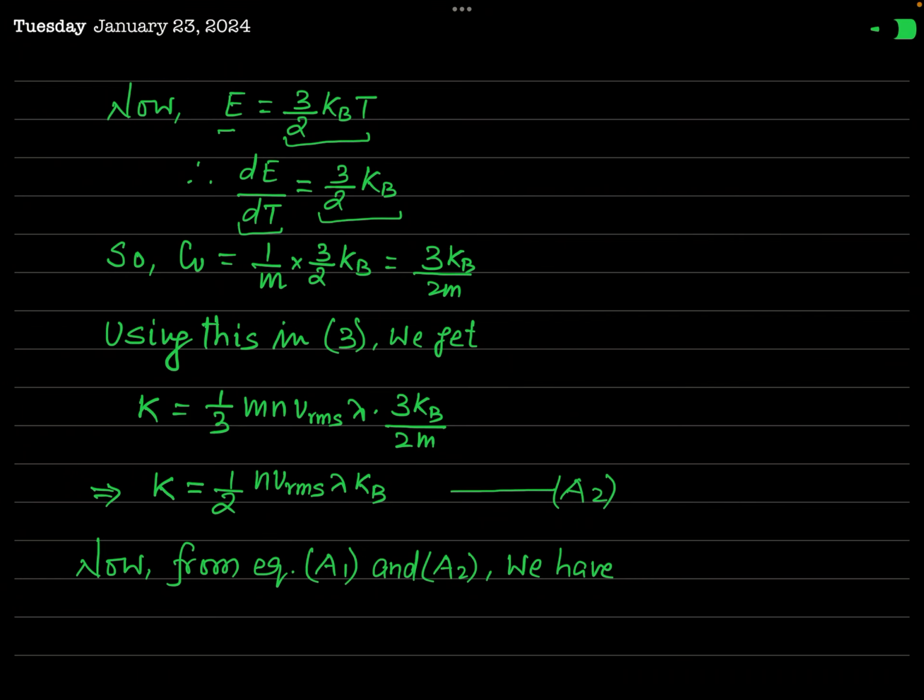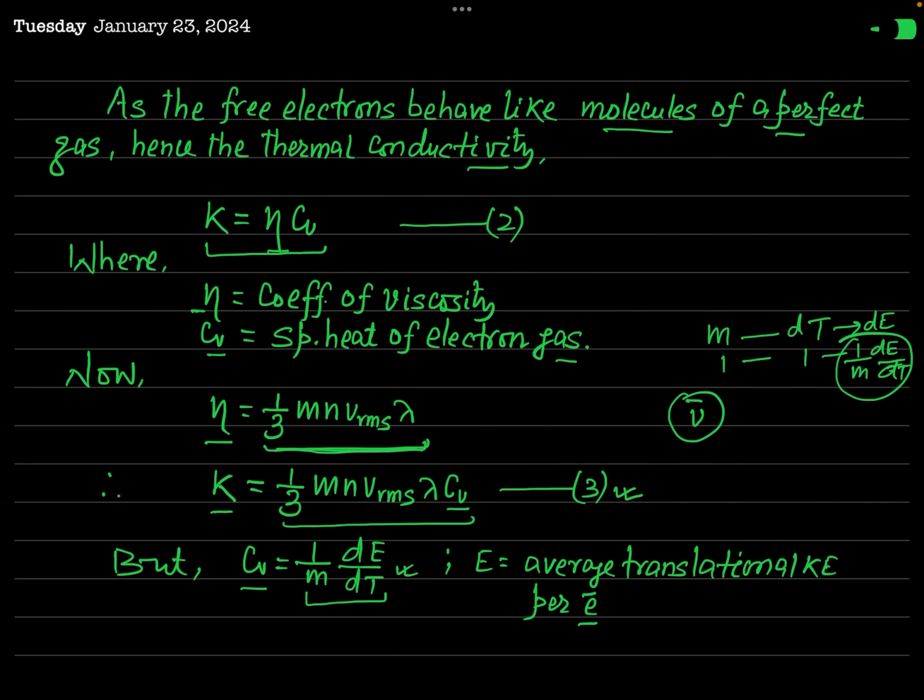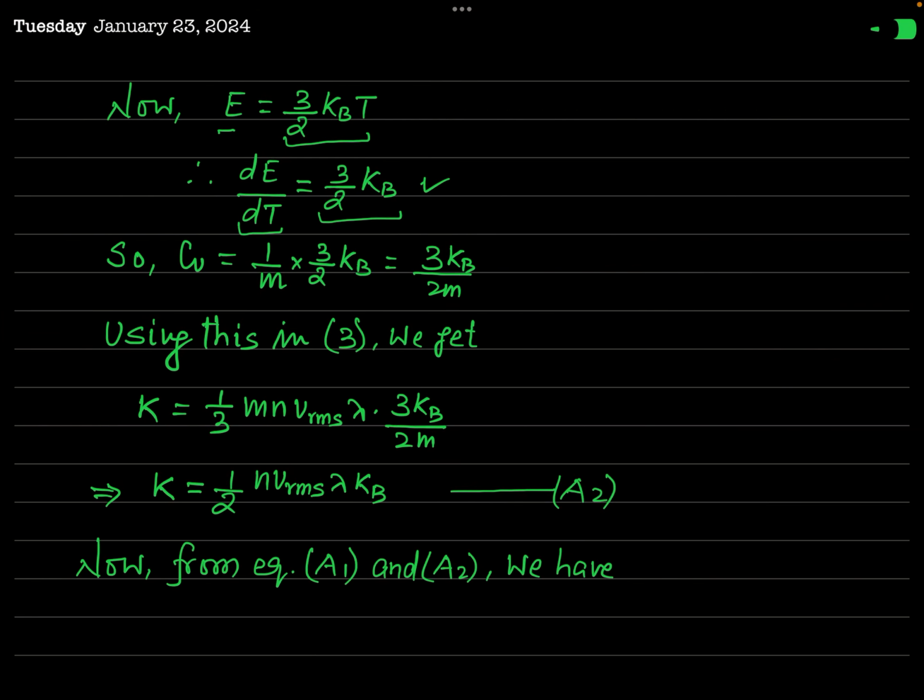Now we find the value of Cv. This is 1/m into dE by dT, and dE by dT is 3/2 kB. So Cv is simply 1/m times 3/2 kB, or you can say this is 3 kB divided by 2m.